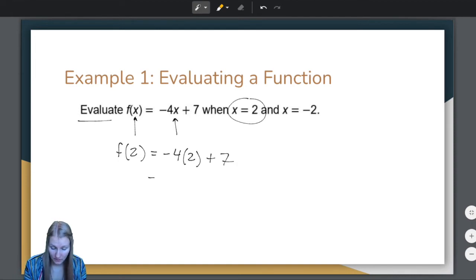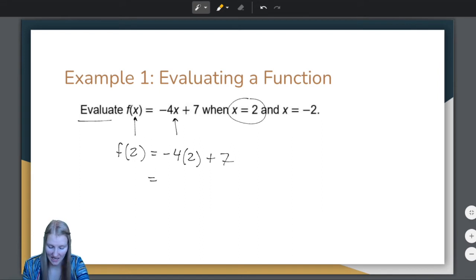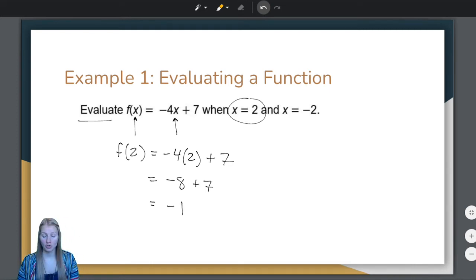Now, you just need to figure out what this is. What is negative 4 times 2? Negative 8 plus 7. And what is negative 8 plus 7? Well, negative 1. So, what this means is f of 2 is negative 1.